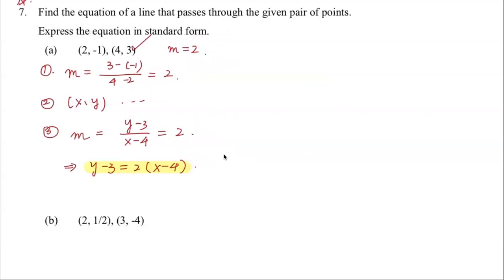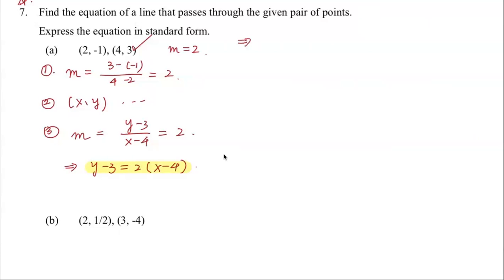Now we need to change this point slope form to standard form, which means we need to move everything to the left, open the brackets, organize the equation, and write the equation in the standard form, right? So this gives us y minus 3 minus 2 times x minus 4 is equal to 0, right? Y minus 3 minus 2x minus 8 is equal to 0.